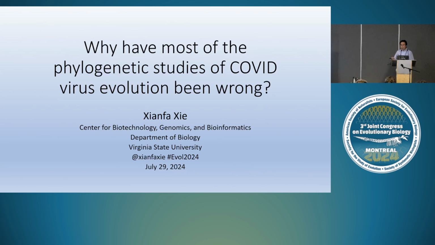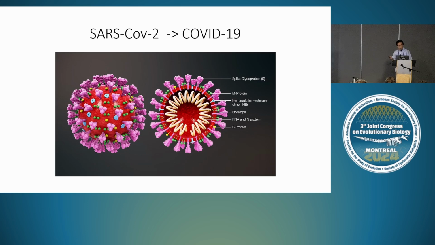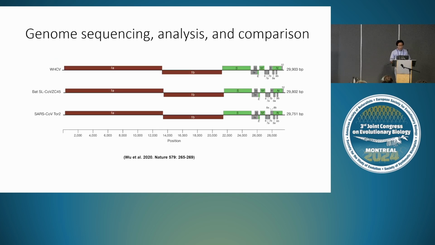All right, so back to my talk. I'm looking at virus evolution, particularly this SARS-CoV-2 that's called COVID-19. Everybody has seen this image before. And this is the genome sequence of the coronavirus. It was first discovered in November 2019.